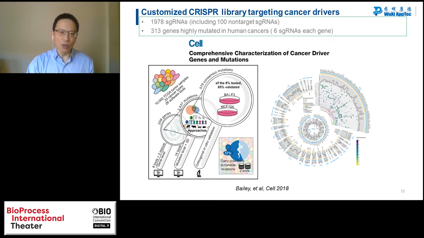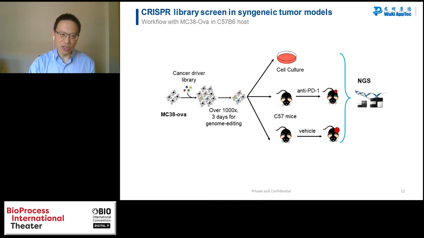So in this study, we generated a customized CRISPR library with about 2,000 guides targeting about 300 genes that have been reported to be highly mutated in cancer genomes. We introduced this library to a mouse colorectal cancer cell line, MC38-OVA, expressing low levels of OVA peptide.